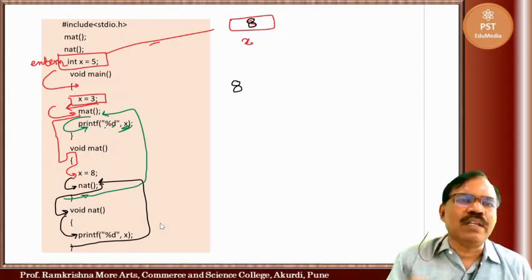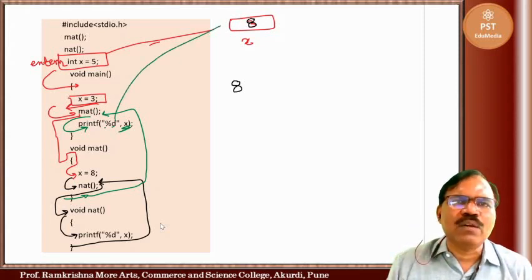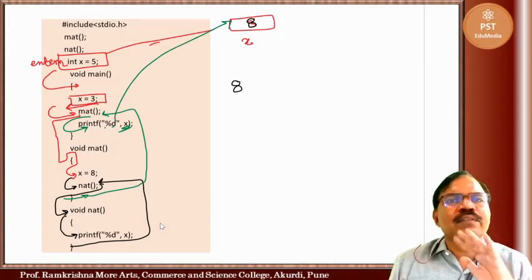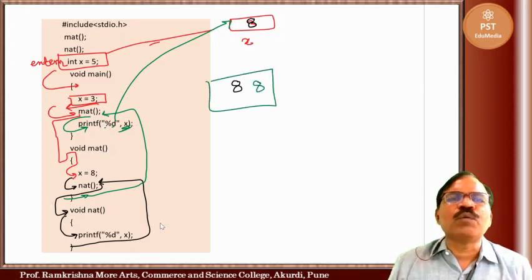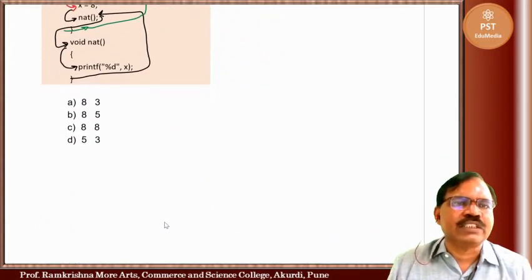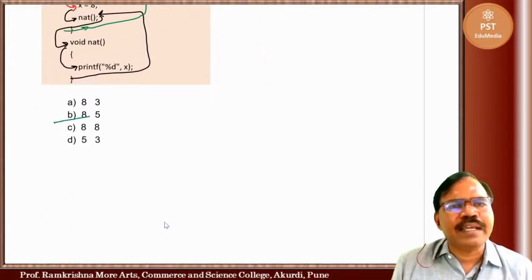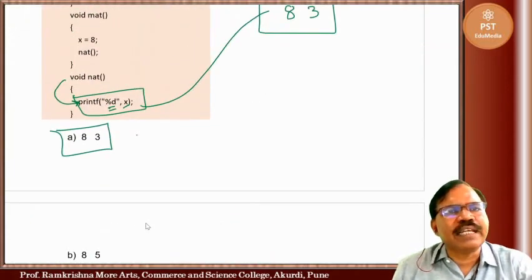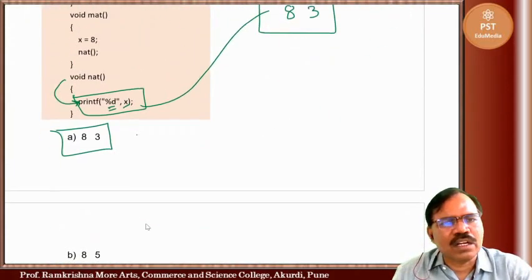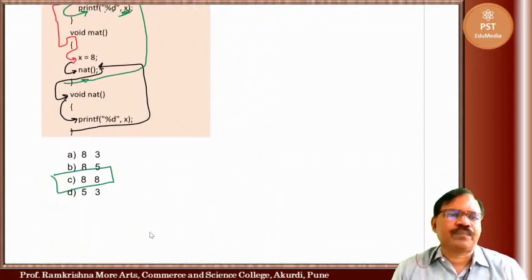It is the global variable, so it will go to the memory location of the global variable and take its value, which is 8. So you will get the output 8 8 in this case. So that is the difference between an external variable and an auto variable or local variable.